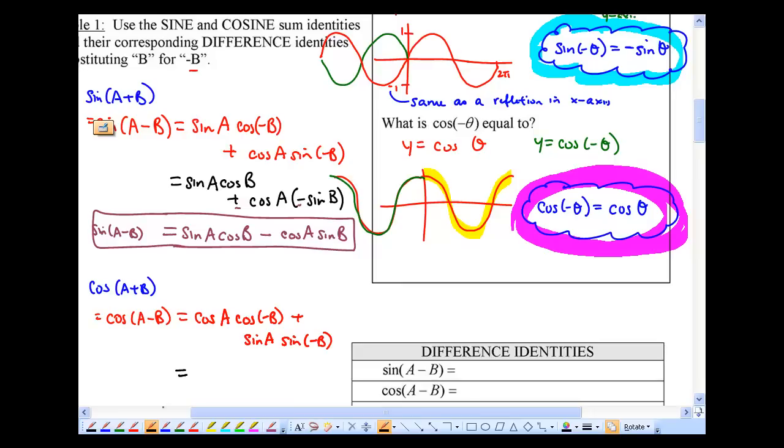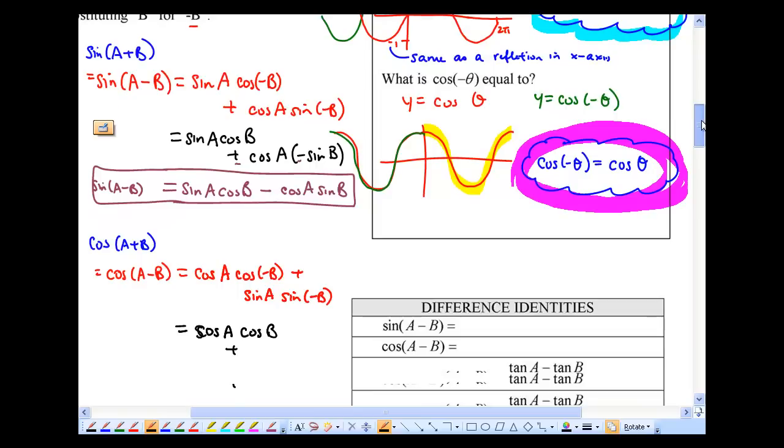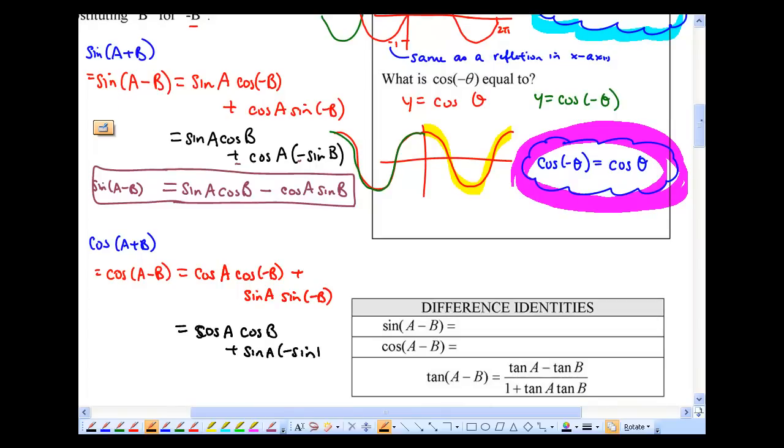We'll make the same substitutions with the clouds in blue and purple. So we get cos A, cos B, plus sine A and negative sine B. And of course, this just simplifies to cos A, cos B, minus.